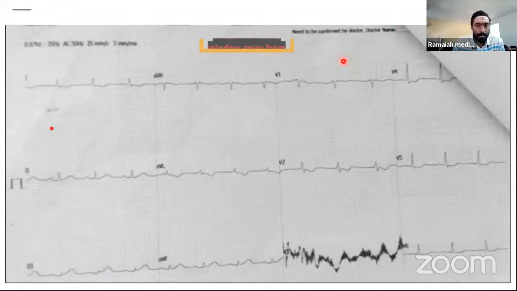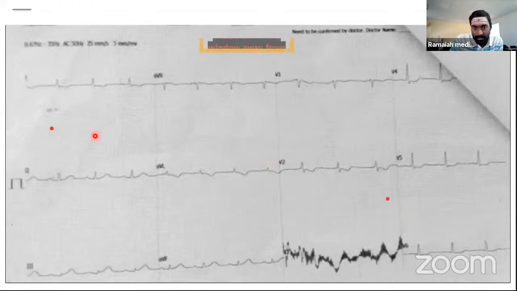Can anyone tell what will you think of whenever you have something like this? Any guesses? What could be the diagnosis? Probable diagnosis? Correct, very good. You should think of ischemia. Whenever you have something like this, which is a mismatch, you think of ischemia.